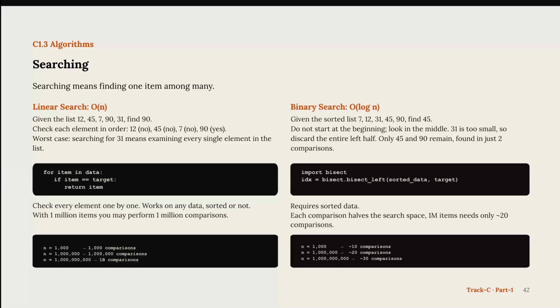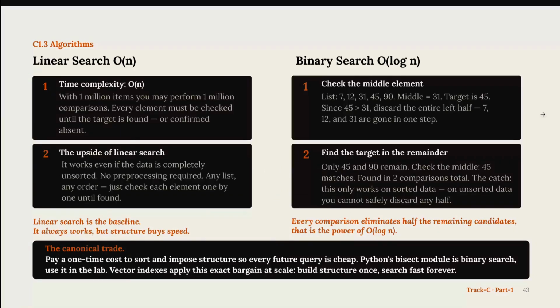For 1024, which is 2 power 10, we just need 10 comparisons. At 1 million, which is approximately 2 power 20, you need 20 comparisons. For 1 billion, you just need 30 comparisons. Compare this with 1 billion comparisons. Huge difference. And that's where the time complexity comes from.